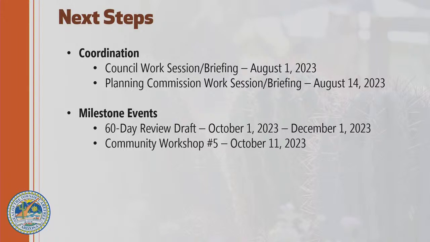We have a similar meeting with the Planning Commission on August 14th, where we'll be providing them with similar input and updates. But from a project milestone standpoint, everything that we're talking about in our last community workshops and this evening is leading up to this 60-day review draft that is scheduled to come out in October.